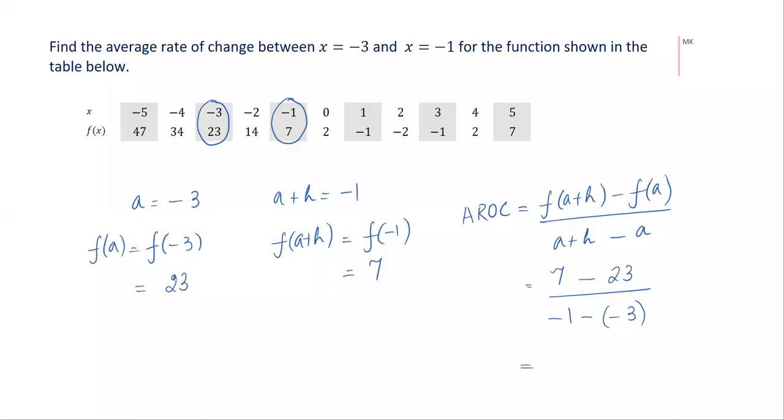So we have negative 16 over, that will be a plus, so 2, and the answer is negative 8. And these two become positive? Negative 1 plus 3 is positive 2.